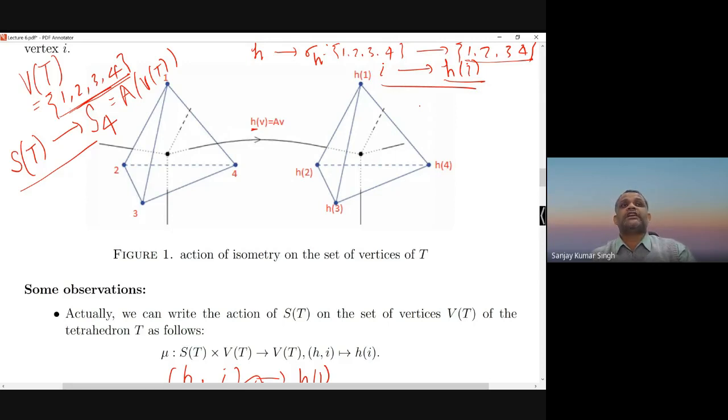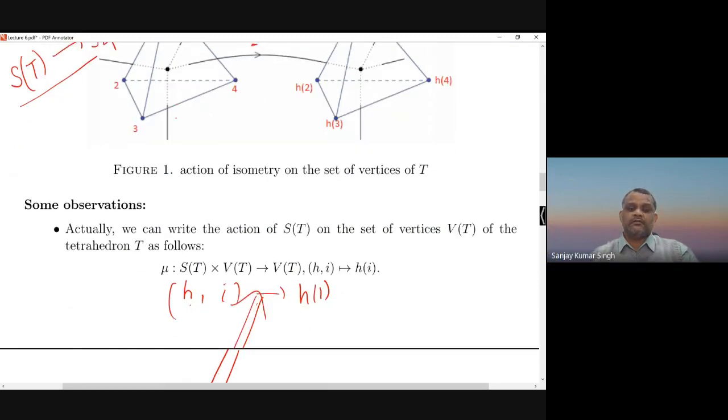You have also checked that any isometry is of the form Av plus w, but in the case of a finite or bounded shape, it is actually a linear map and the w factor is 0. So since it is a linear map sending 3 linearly independent vectors to the same 3 linearly independent vectors, it is actually the identity map.